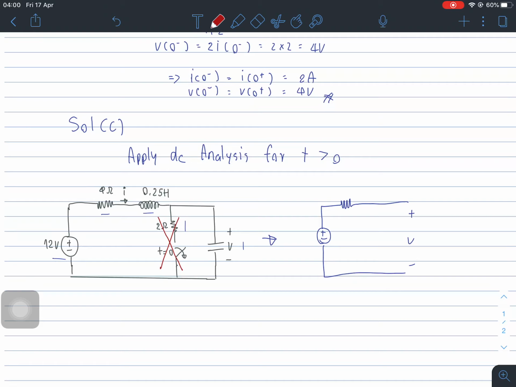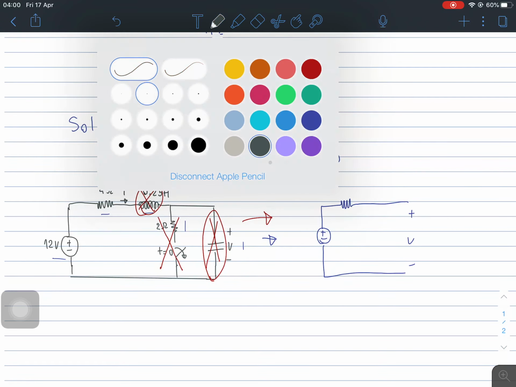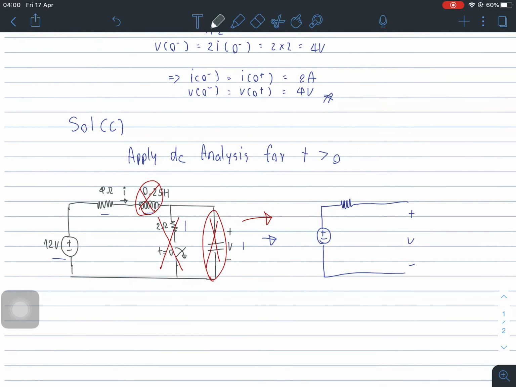And we know that the capacitor is an open circuit, the inductor changes to a short circuit. So we get this one, and it has 4 ohm right there, that's R, and it's 12 volts.